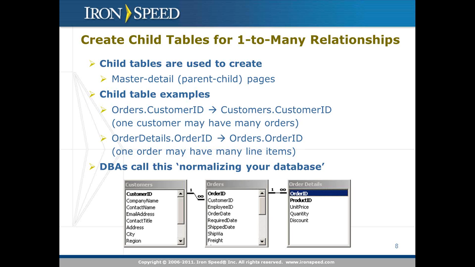So-called parent-child or master-detail relationship. It's kind of the piece of the diagram I just showed, where I have orders and customer's ID. When this type of relationship is present in the schema, IronSpeed Designer would be able to create the pages which automatically would be configured as a parent and child.